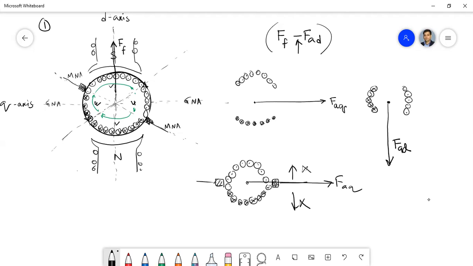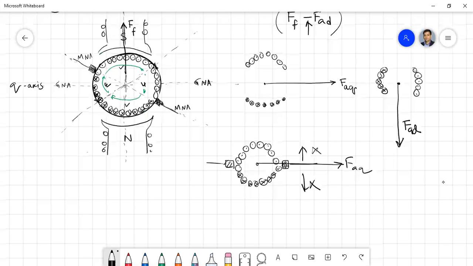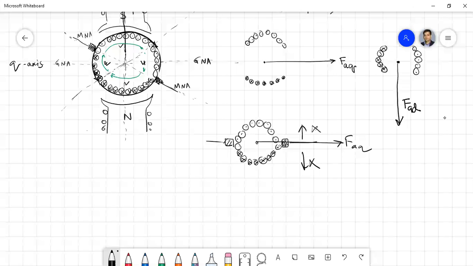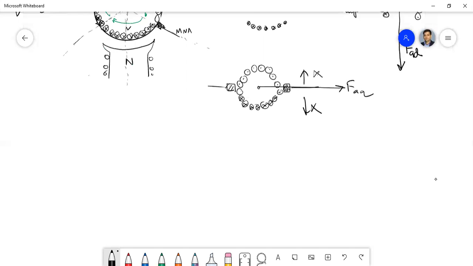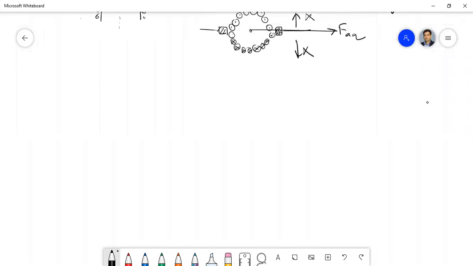So therefore the flux per pole is reduced and the induced EMF is also reduced. So these are the two problems related to the brush shift. So therefore brush shift is not a good solution for armature reaction.